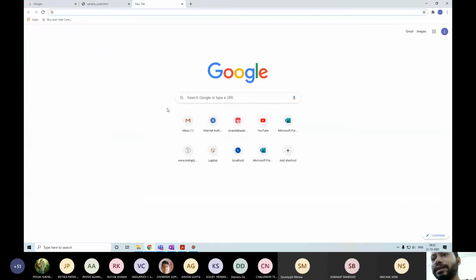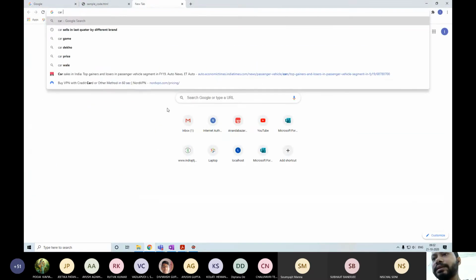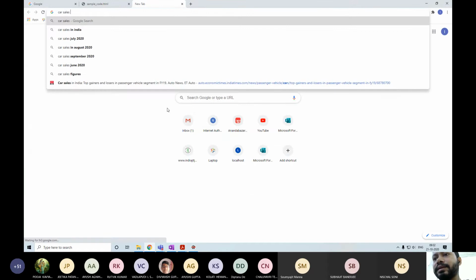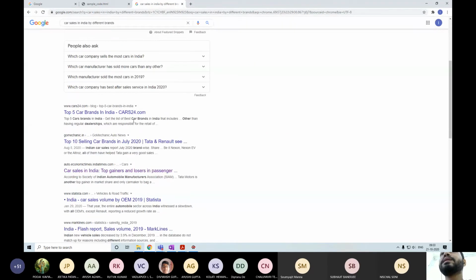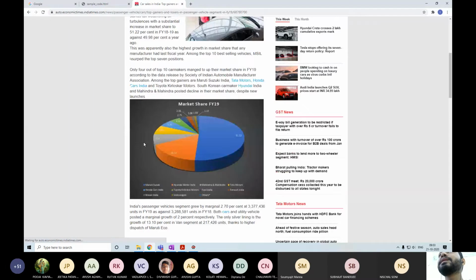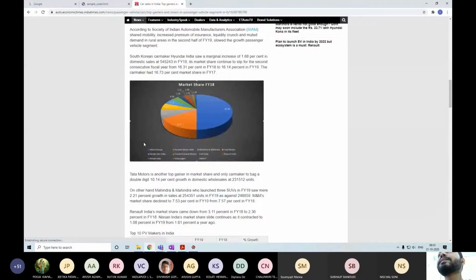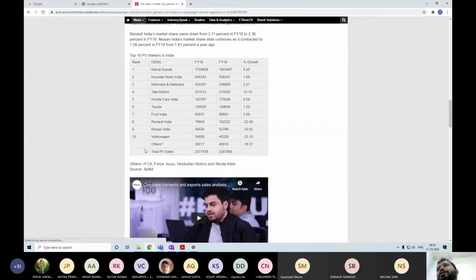So you'd like to see the car sales in India by different brands. And yeah, this is the one I had opened before. Okay, so we get data something like this. You can see my screen, right?